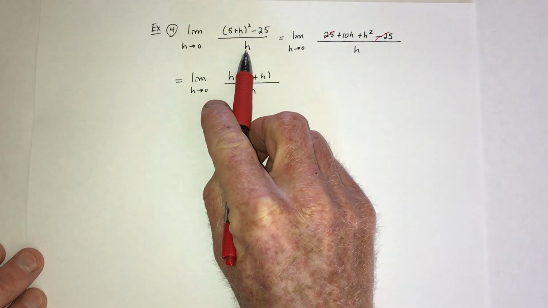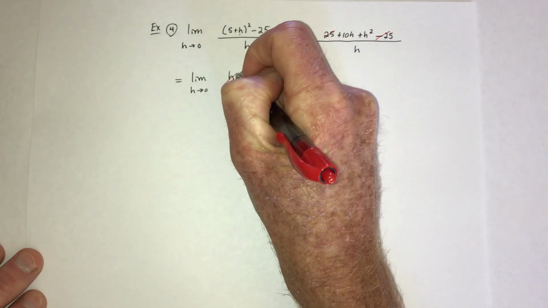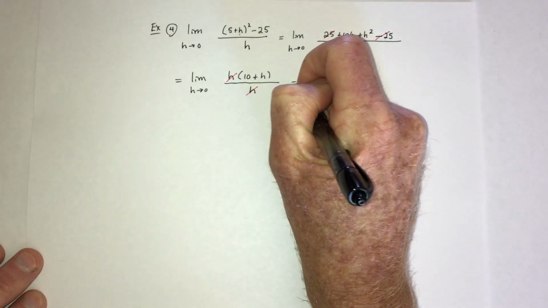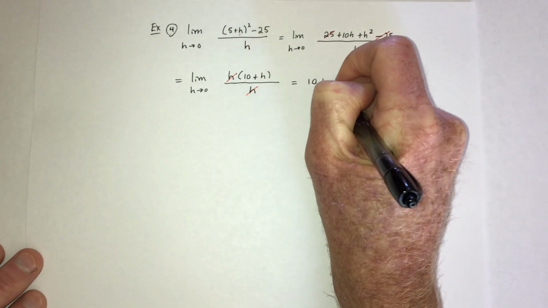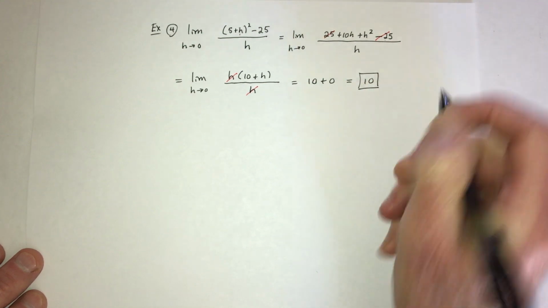And at the very beginning I said this thing was causing division by 0. Well, we just got rid of that division by 0. So all that's left is 10 plus h. And because h is becoming a 0, that means 10 plus 0, so the answer is 10.